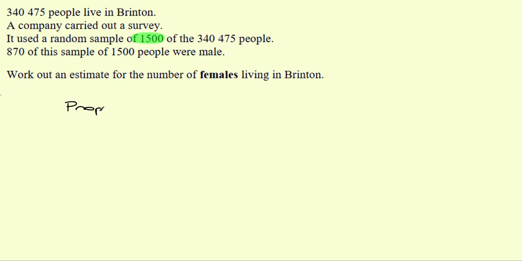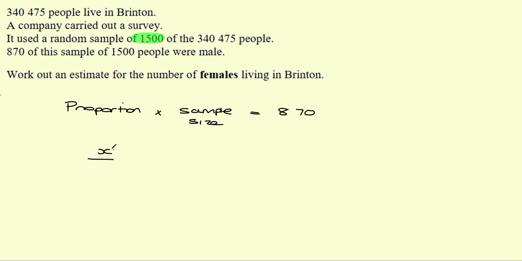Remember, how do we calculate the size of the sample? We do the proportion of the population, we multiply it by the sample size to get the number that we should ask in the sample. So we know that that is equal to 870 people. Now, what's my proportion?